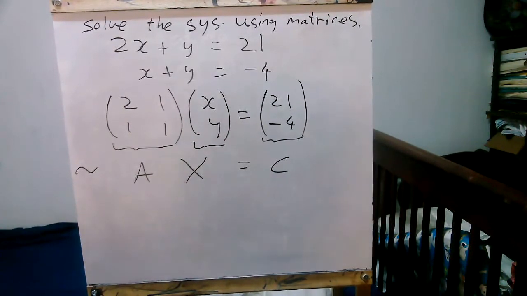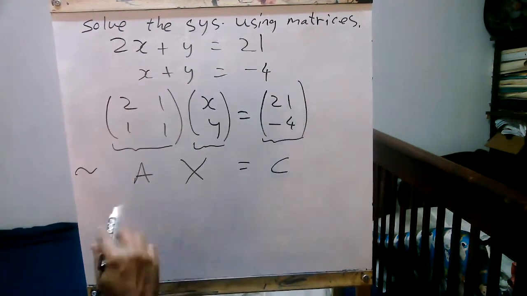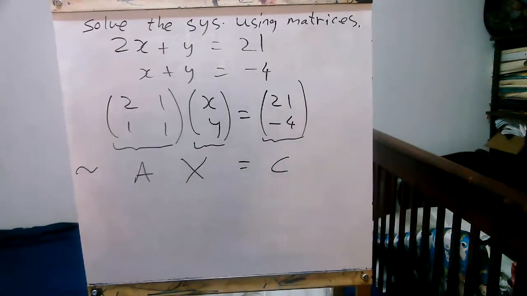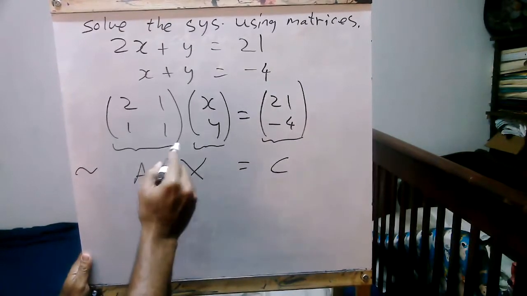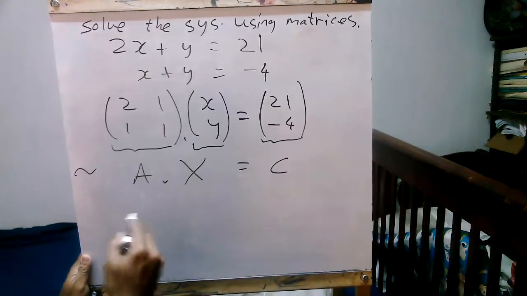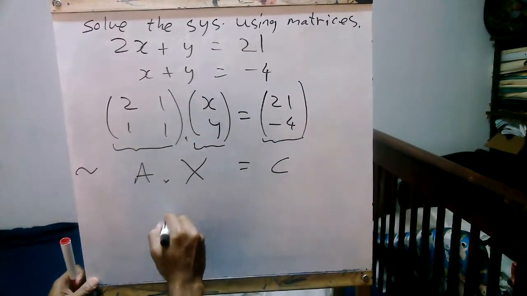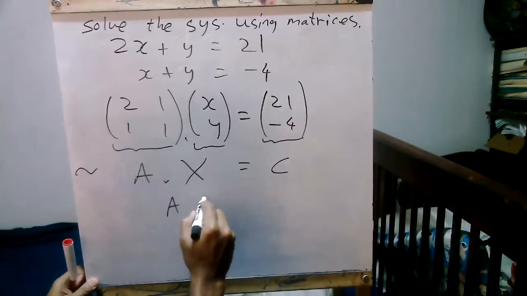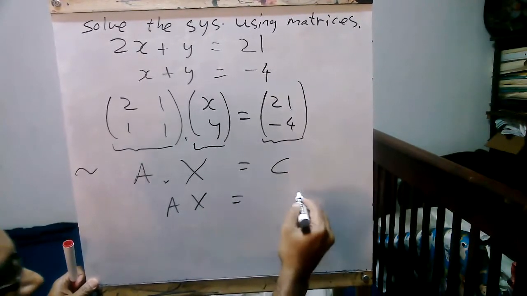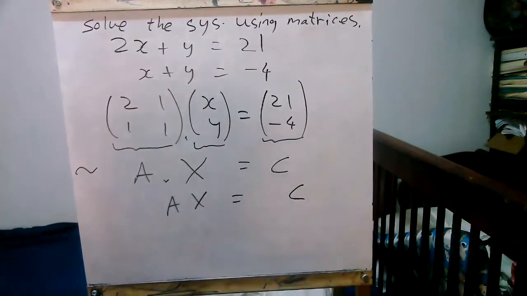Now we want to solve this. Let me put it this way. Let's multiply both sides by A inverse, which is the inverse. What we're going to do is take this and multiply both sides by A inverse.